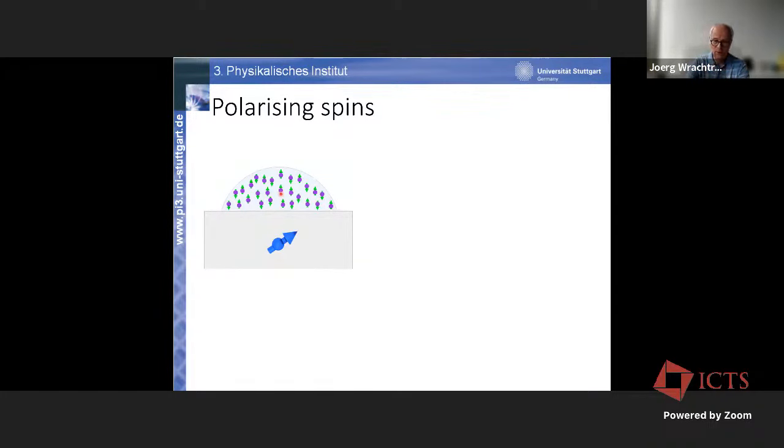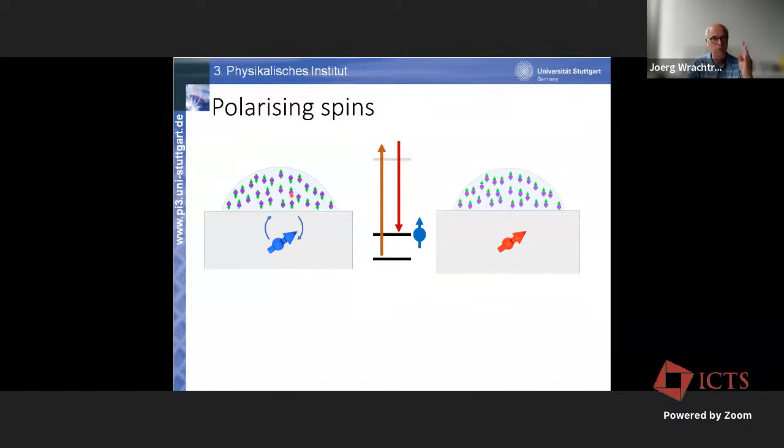Now, what you can do is, upon optical excitation of the electron spin in your diamond, you spin polarize the electron spin. Another way of saying this is you initialize your electron spin into one of its spin sublevels. That is, by optical excitation, you spin align the electron spin. And if you do this in a clever way, the interaction between the electron spin and the nuclear spin leads to a fully polarized ensemble of nuclear spins.